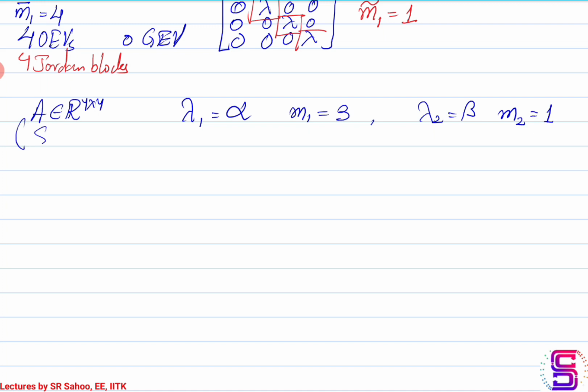Okay, sum of the algebraic multiplicities of all the eigenvalues is always equal to the order of the matrix that is under consideration.